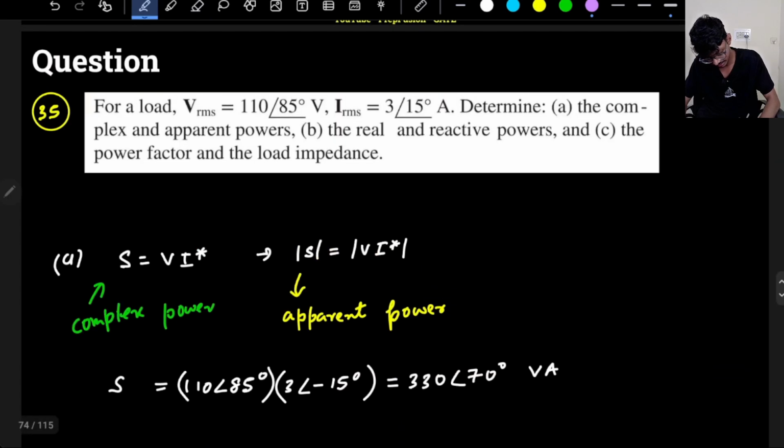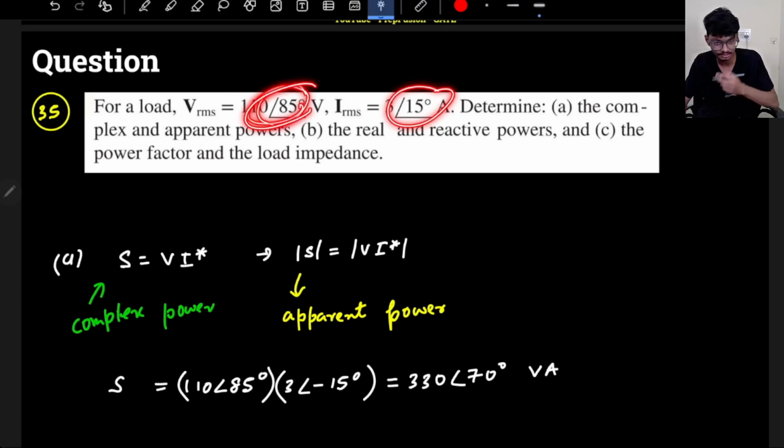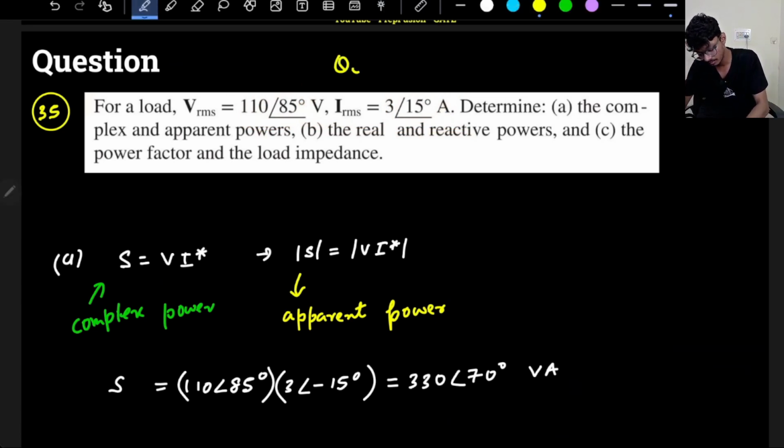You can see from here as well: your current is lagging the voltage, so it is making sense. That's why we took it as a reference that theta v is greater than theta I, and that's why we took Q to be positive if theta v was greater than theta I.